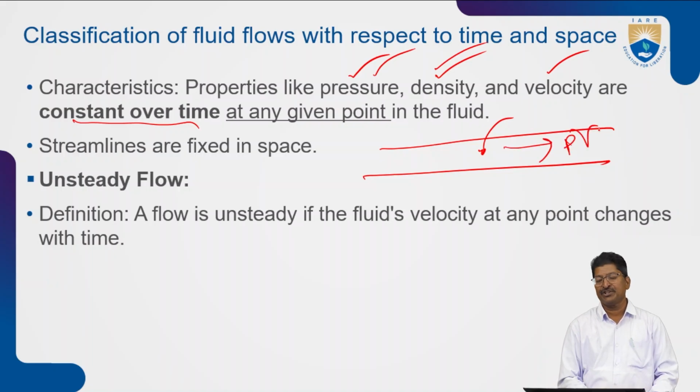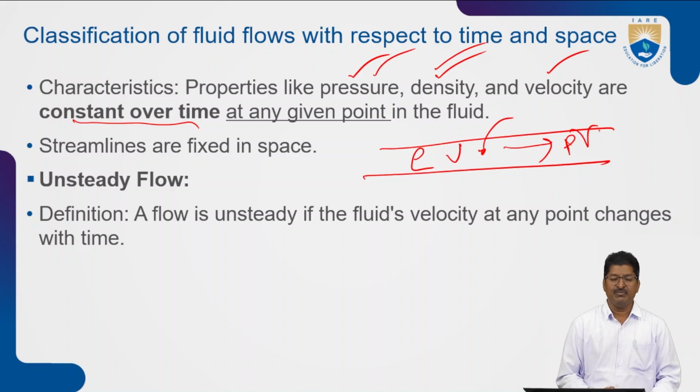That means same pressure it is maintaining at any point of time, or same density rho, same velocity at that particular point over a time. If it is constant, then that is called steady flow. So the streamlines are fixed in space, then it is a steady flow.